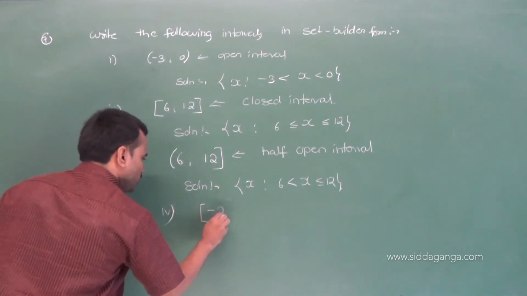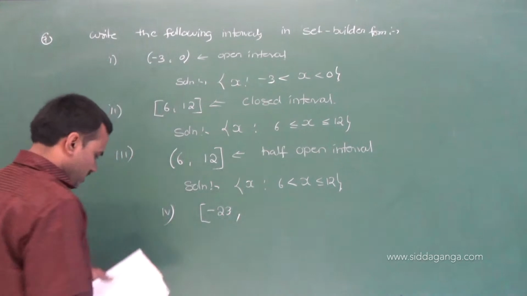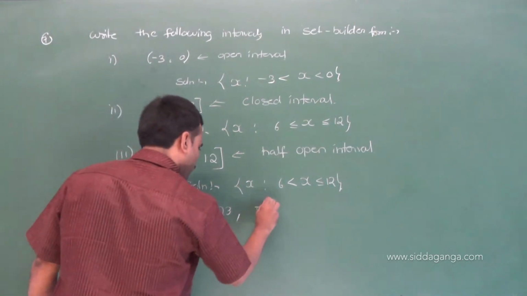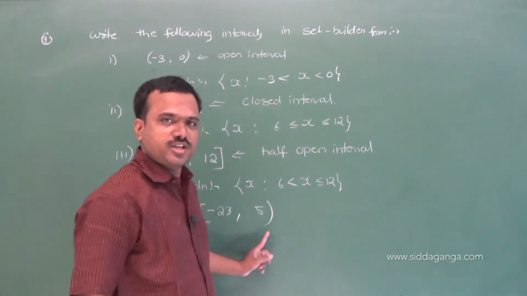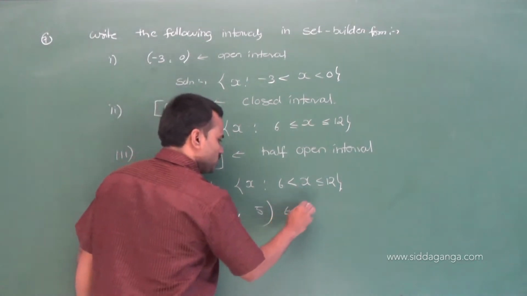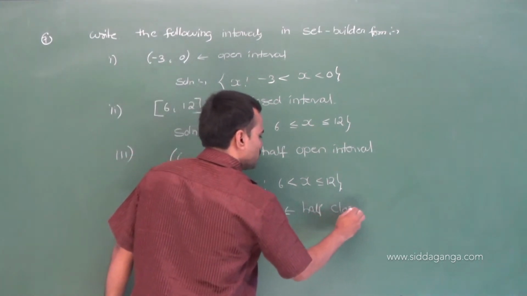Minus 23 comma 5. This one is also a half open interval or half closed interval, whatever it may be.